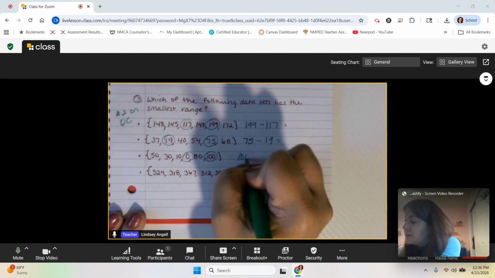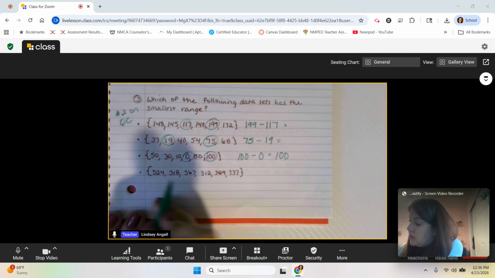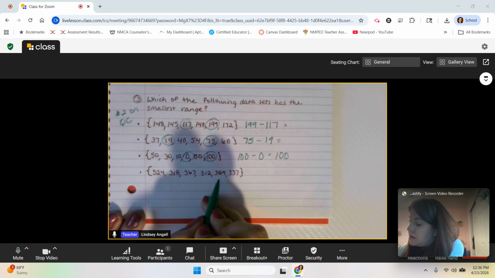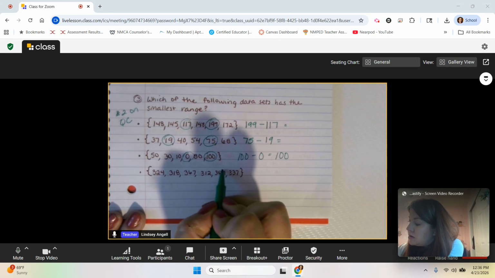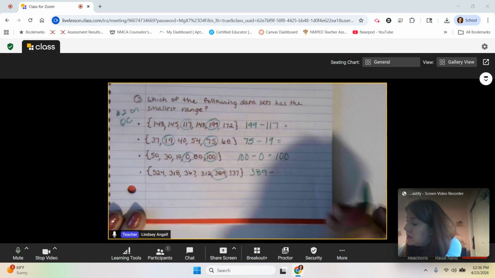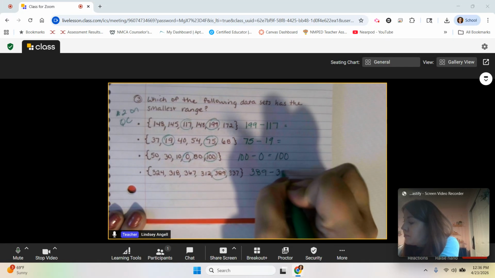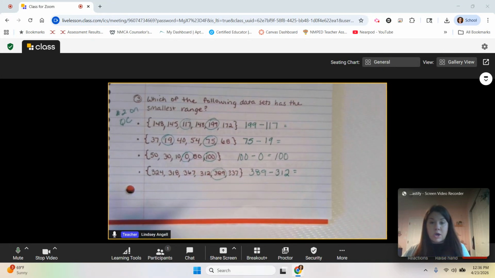Ooh, I like that one. That one's easy. That's just 100, right? And with this next one, 389 is the highest, and 312 is the lowest. So let's see, do any of these beat 100 as the lowest range?